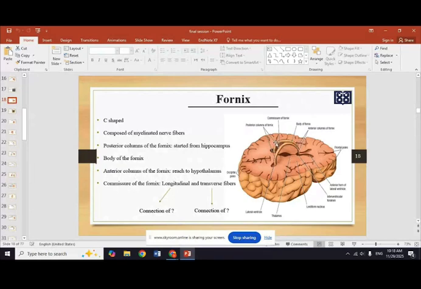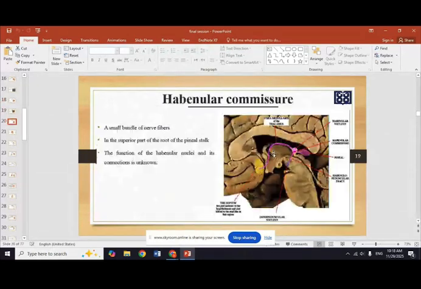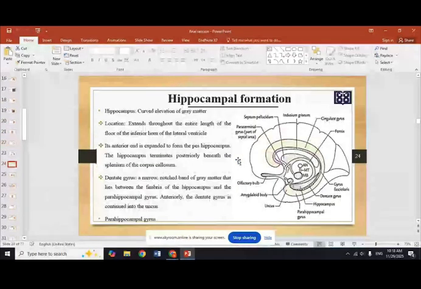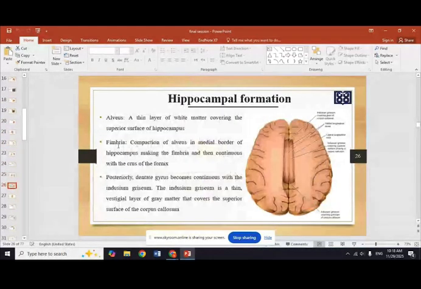The posterior columns of the fornix start from which part? From this part of the hippocampus, from the fimbria. If you find the fimbria, the medial compaction of the white matter, and continue, you reach the crus of the fornix, the posterior crus of the fornix.